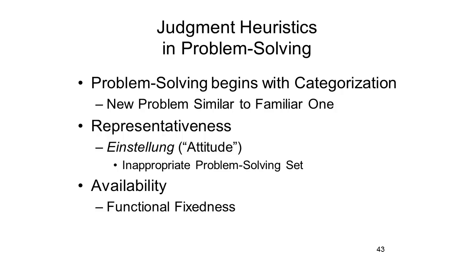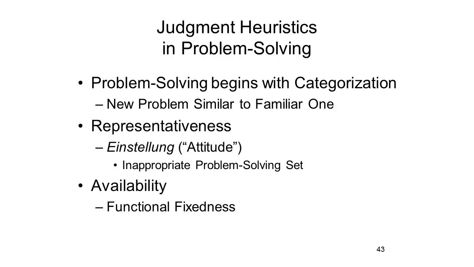Then, when presented with a problem that's superficially similar to the others, but can't be solved in the same way, or which can be solved more easily in a different way, the problem solver may focus on the inappropriate or more difficult solution suggested by the earlier problems in the series. Again, this reflects a judgment based on representativeness or superficial similarity.